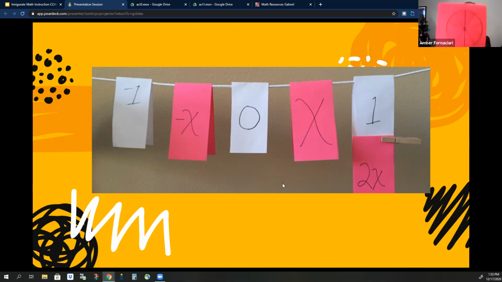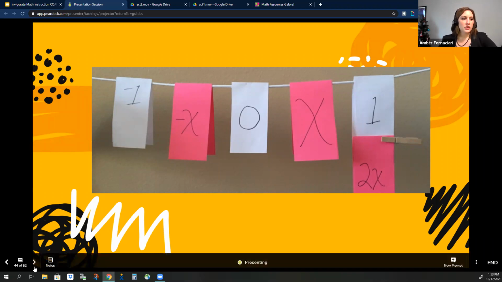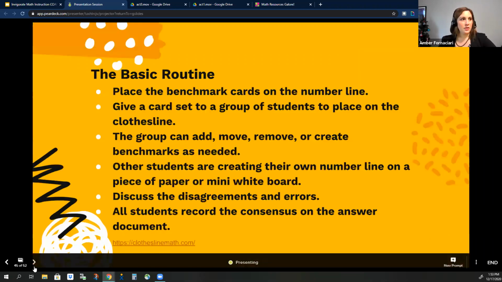I'm going to show you this. It's a little bit hard to see, but there's a shaded portion of the card and a non-shaded portion of the card. And so you could use it to help students understand equivalent fractions. There are a lot of different ways to use this, and I don't have too many minutes here to let you experience it.